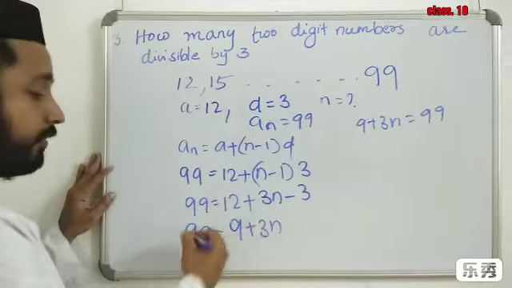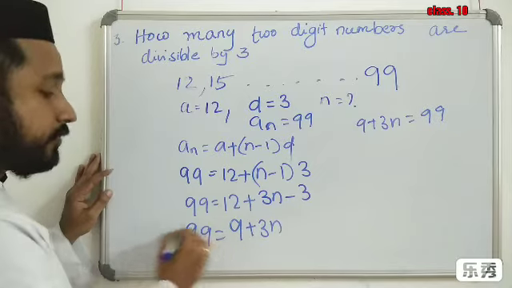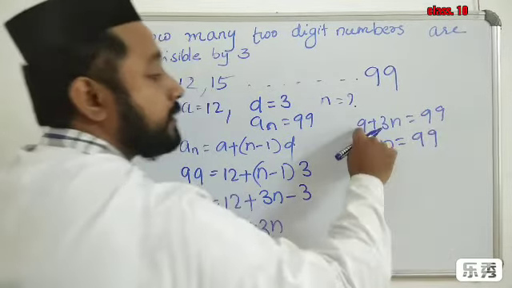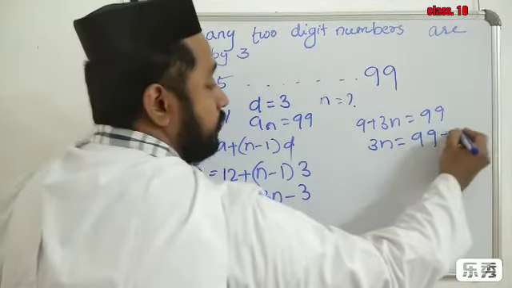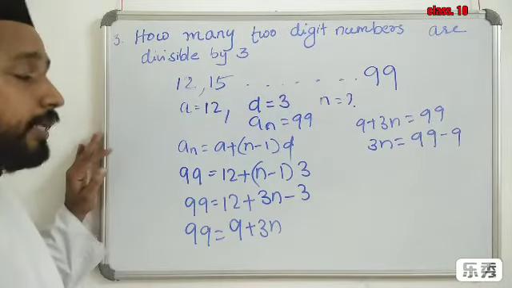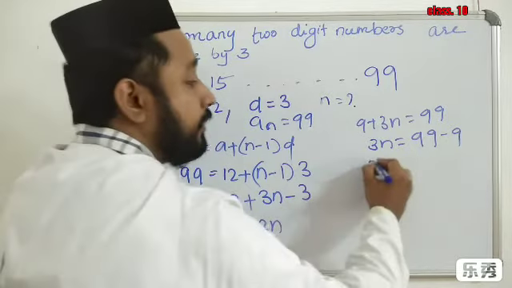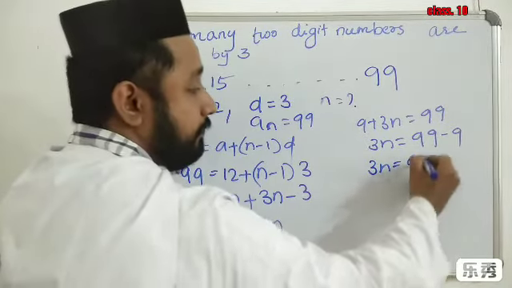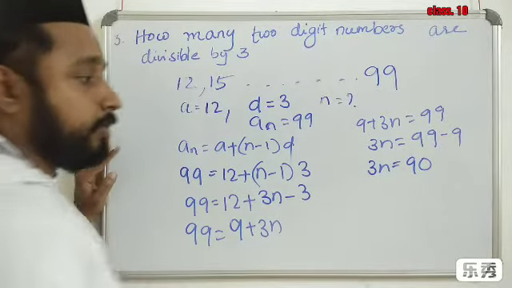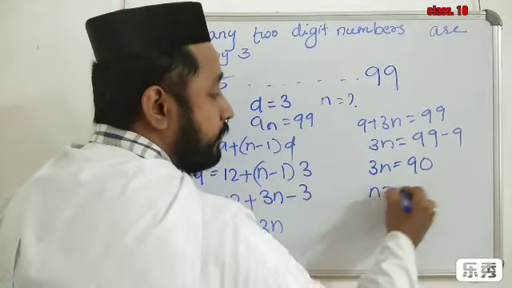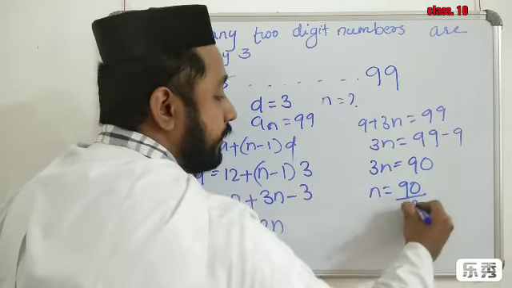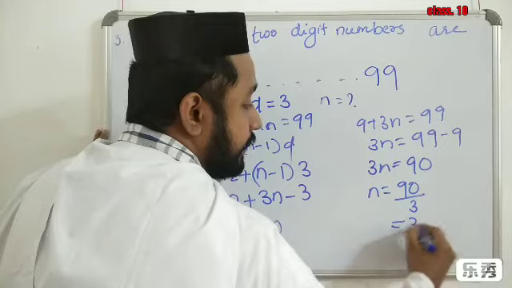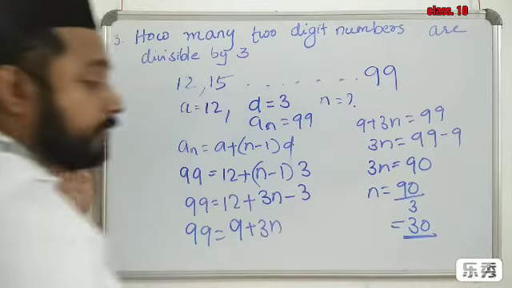When plus 9 goes to the RHS, it becomes minus 9. So 3N is equal to 99 minus 9, which is 90. So 3N is equal to 90, therefore N is equal to 90 divided by 3, which is 30. So we got N is equal to 30.